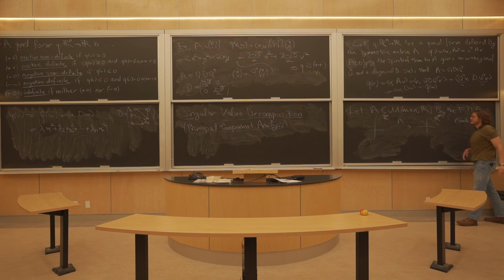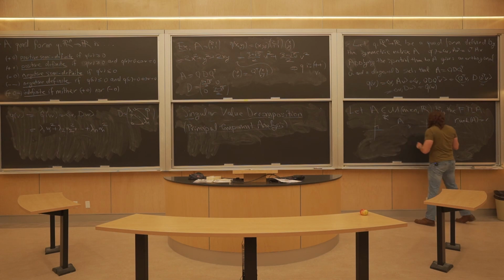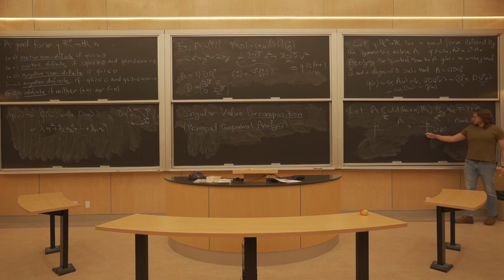So the column space of A is r-dimensional inside Rm. Okay, so this is the column space. Now, what is this orthogonal space? Do you remember? It's supposed to be a space here that is orthogonal to this, and it should be given by the fundamental theorem.